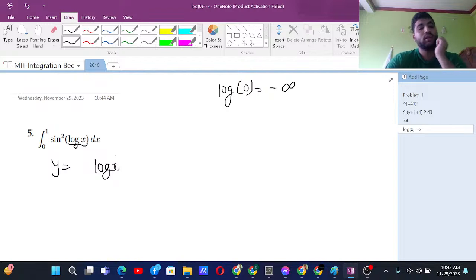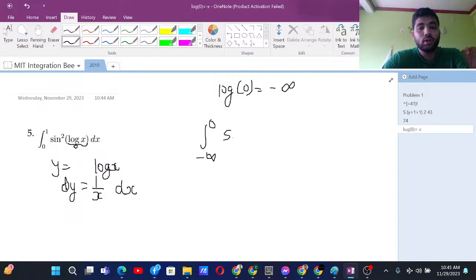Let's leave it as it is for now, and then we will have dy equals 1 by x dx, and then we will have the integral from minus infinity to 0, since log of 1 is 0 and log of 0 is minus infinity, of sine square y.